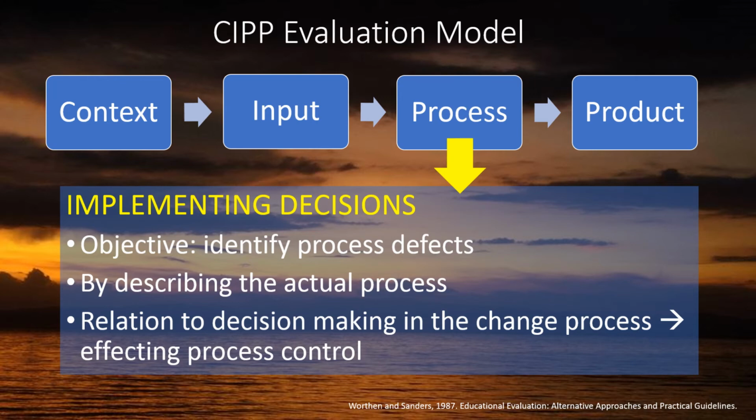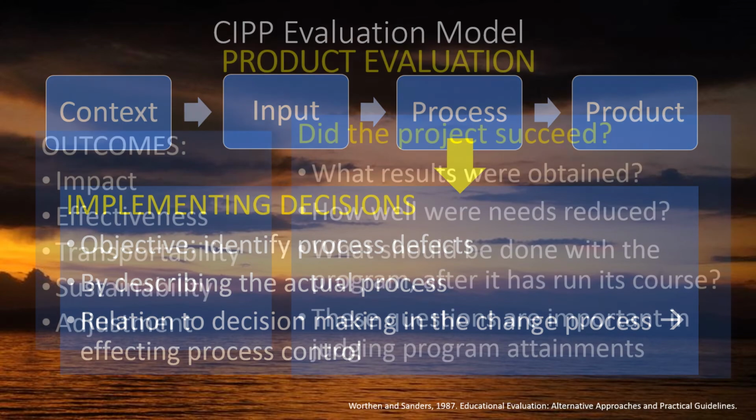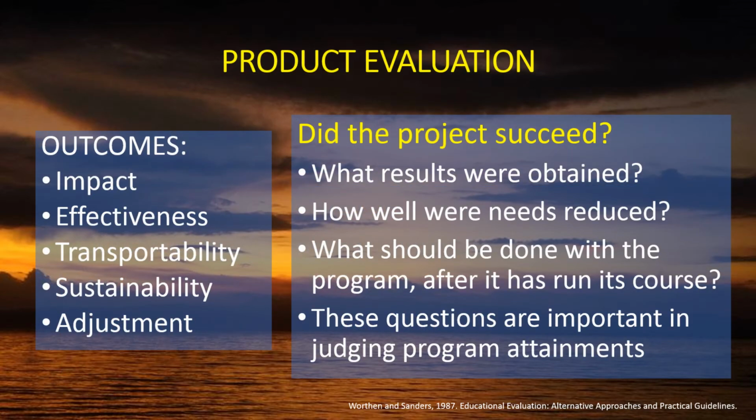And it is for implementing and refining the program design and procedure, that is, for effecting process control, and to provide a log of the actual process for later use in interpreting outcomes.